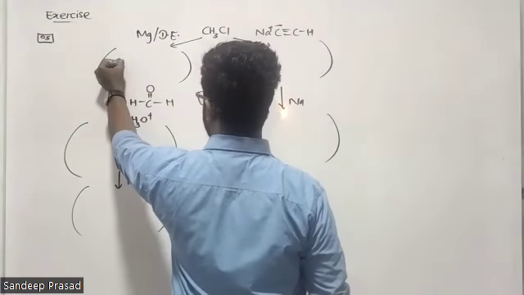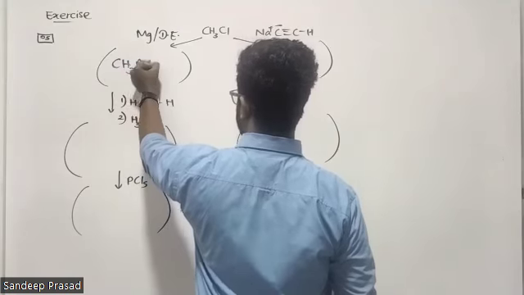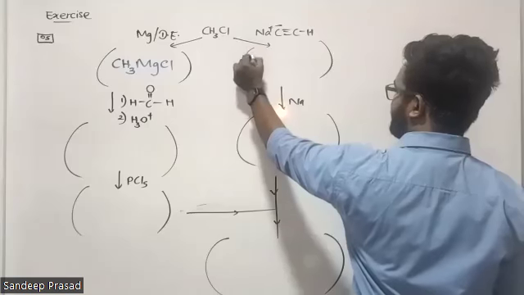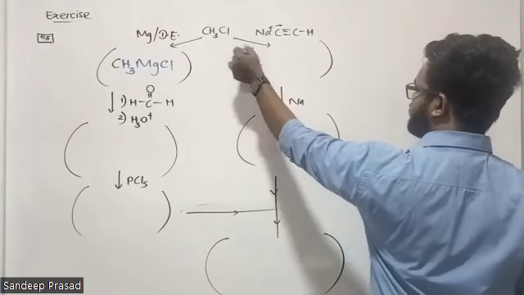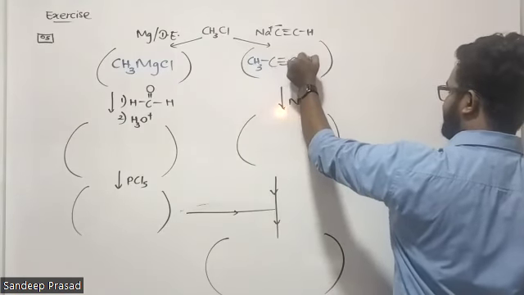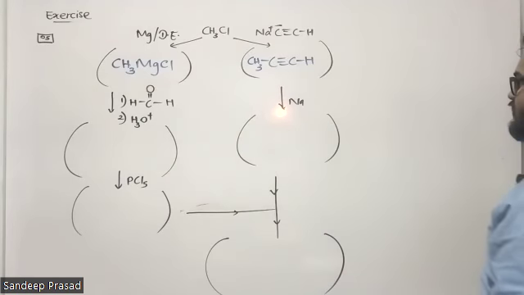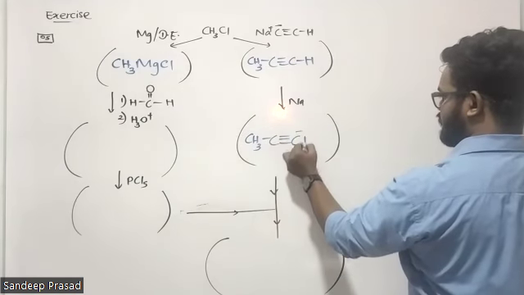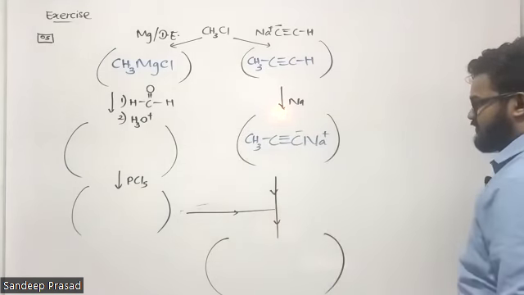Magnesium in dry ether is added, so therefore a Grignard reagent is formed, CH3MgCl. And then by adding the sodium derivative, what happened? The main product has increased carbon atoms, sodium is eliminated with chloride. Then this kind of compound is formed. And here sodium is added, so again this kind of compound.